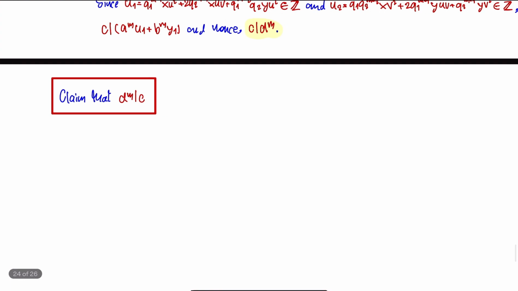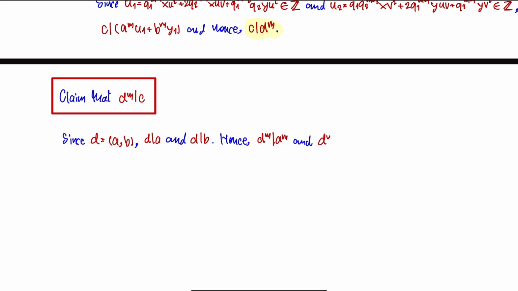Since d is the greatest common divisor of a and b, we have d divides a and d divides b. Hence, we have d to the m divides a to the m and d to the m divides b to the m.